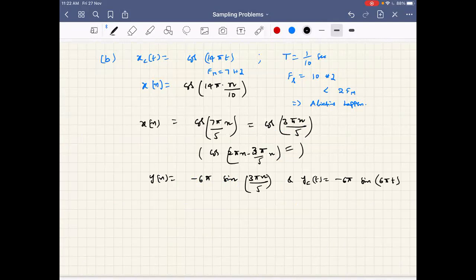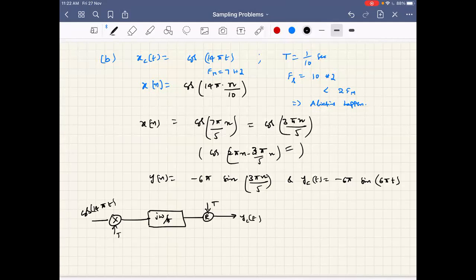what do you see here now? When you are given a signal cos of 14 pi t, passed through the analog to digital converter, and then you give it to this filter, and then the reconstruction gives yc of t, what's happening?